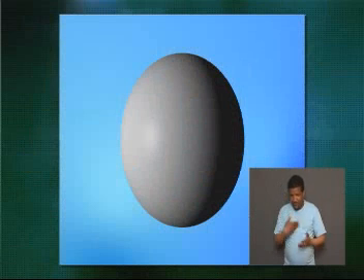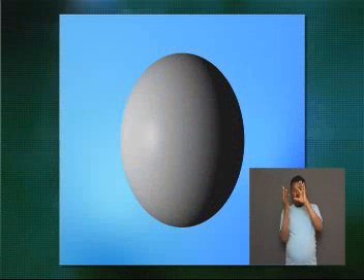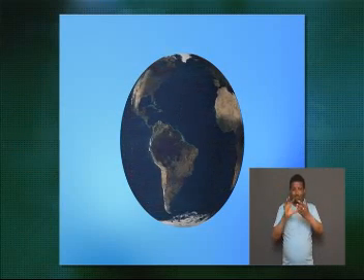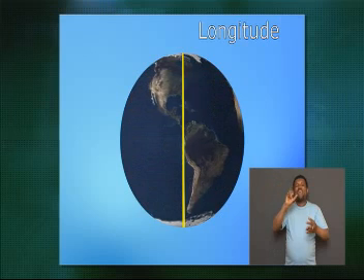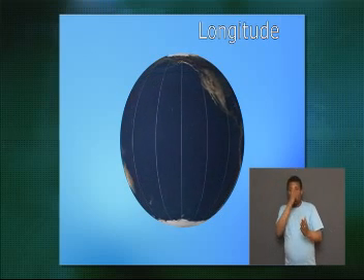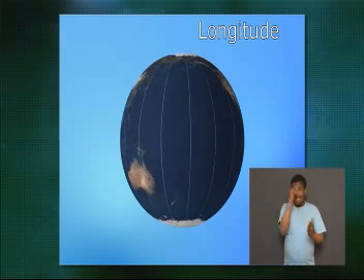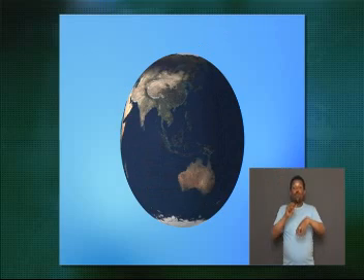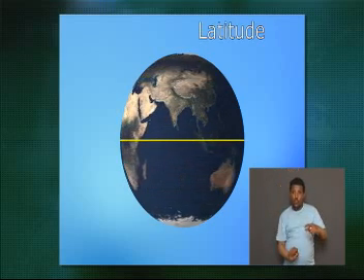A globe is a sphere on which the map of the earth is depicted. A meridian, or line of longitude, is an imaginary arc on the Earth's surface from the North Pole to the South Pole.